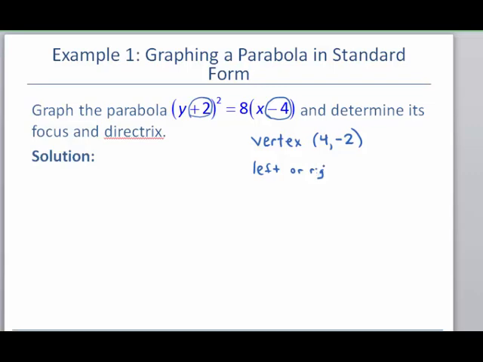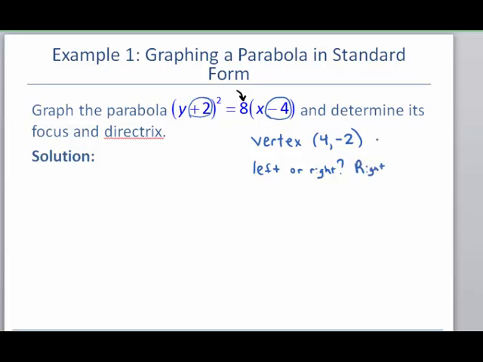The way that we're going to do that is we're going to look at this value right here. If that value is negative, then the parabola is going to open towards the left, facing a negative direction. And if that value is positive, then the parabola is going to open to the right, facing a positive direction. So this parabola will open to the right.